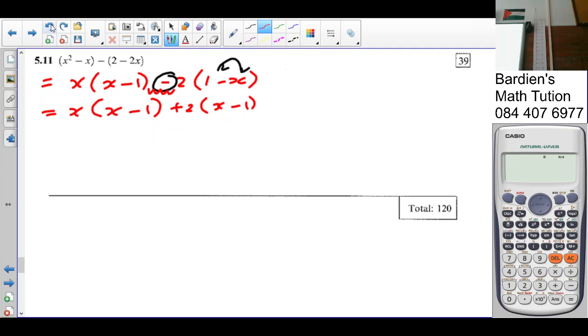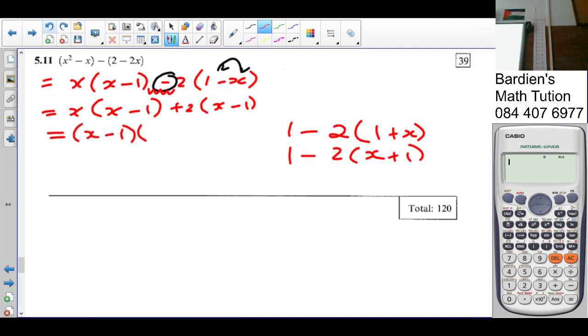If you swap 1 plus x around, it will still remain the same. It's only when you're flipping the one side of the negative. So what is now common? x minus 1. What are we left with? x plus 2. Any confusion, people? No.